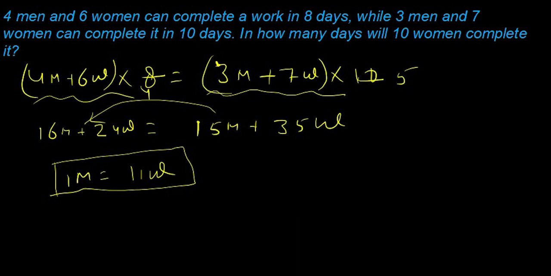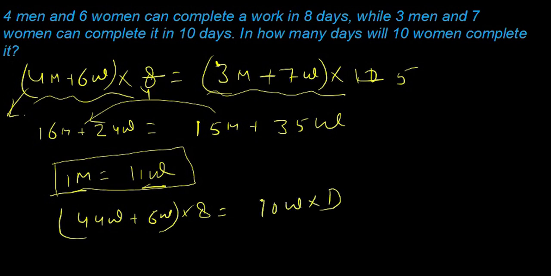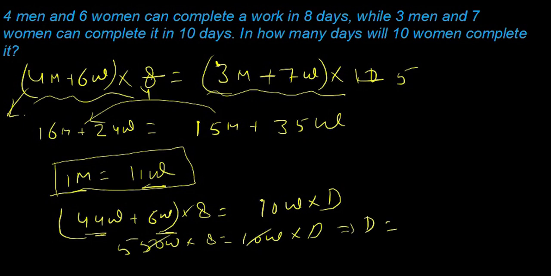So I'm starting with this equation. 4 men, because 1 man equals 11 women, so 4 men equals 44 women, plus 6 women, into 8 days, equals 10 women working, let's say D days. 44 plus 6 is 50 women into 8 days equals 10 women into D days. It is 5 times, so 8 5s are 40. So 40 days are required to complete that work.